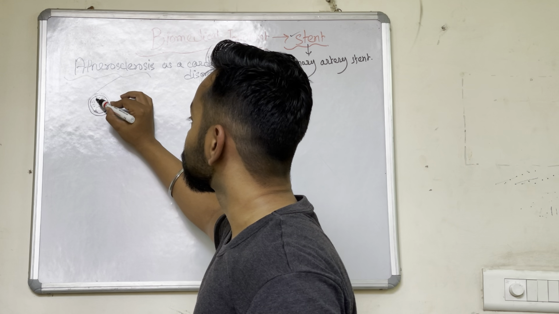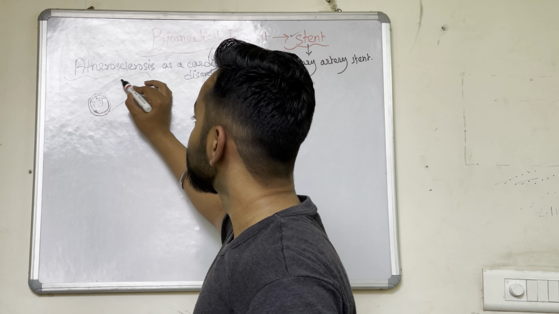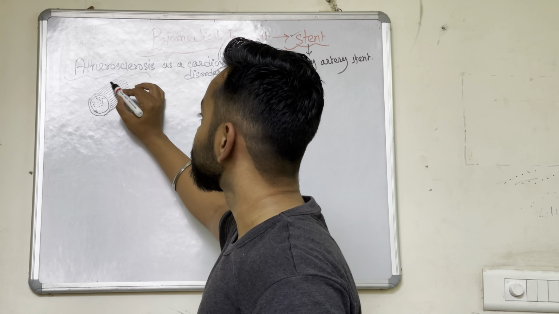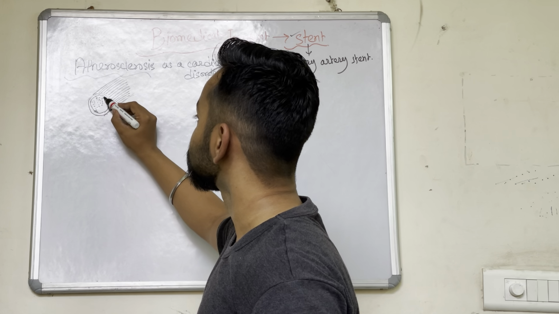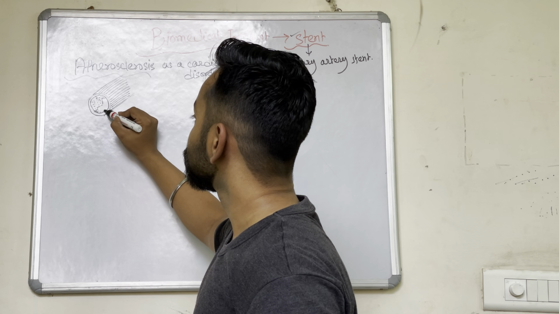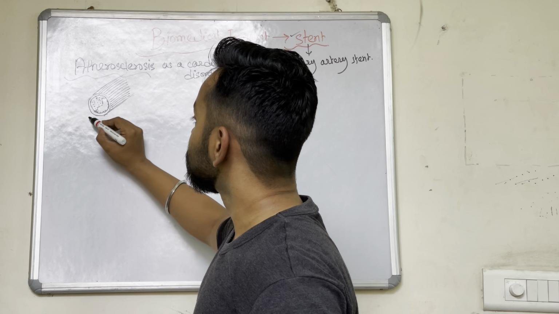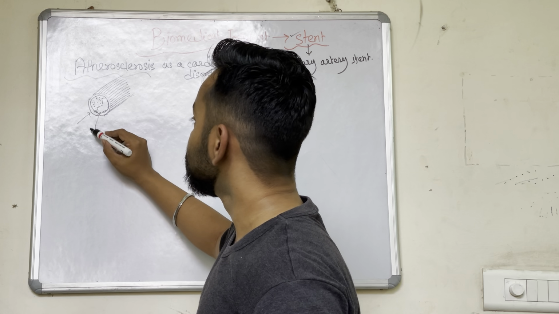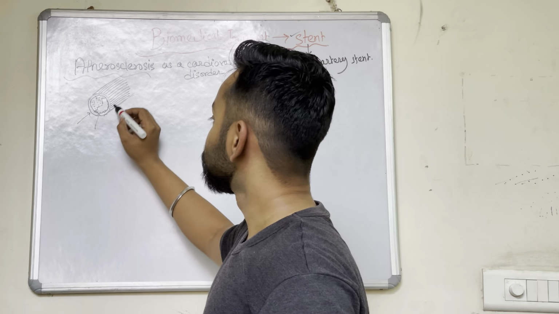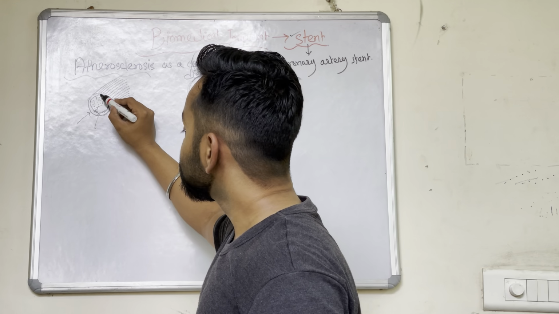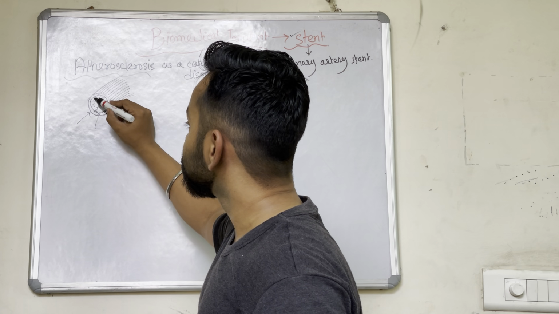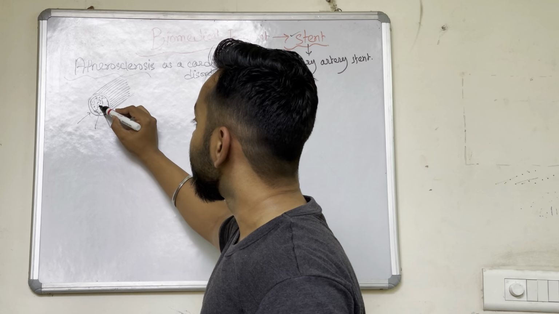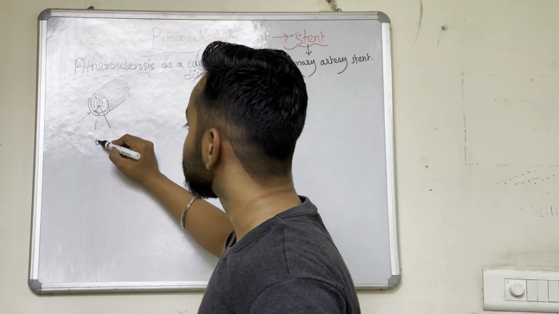If this is a cross section of an artery which carries blood to a specific organ or a specific part of the body, this is the outer layer and this is the inner layer of the artery. The interior wall of the artery is occluded by the deposition of what is known as an atherosclerotic plaque.